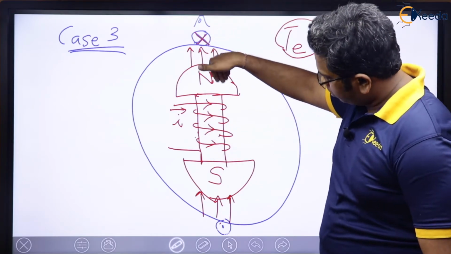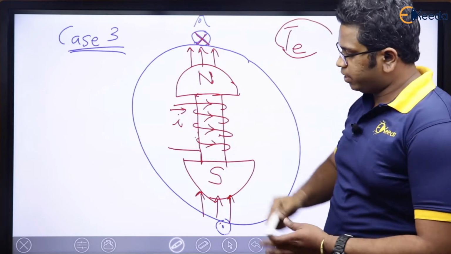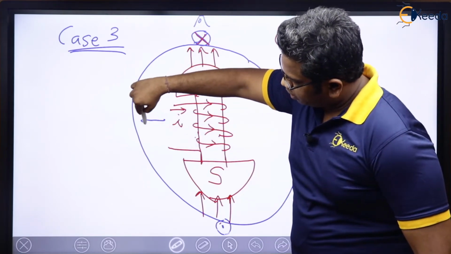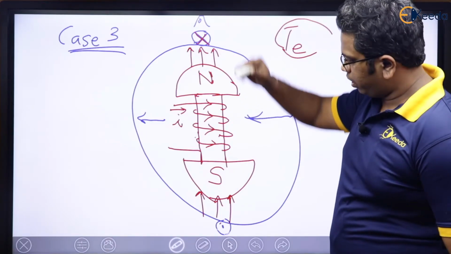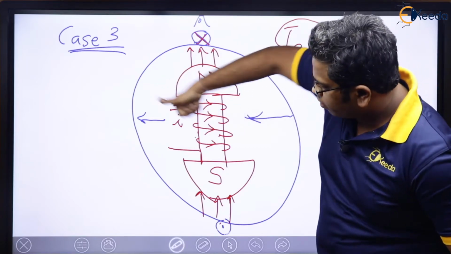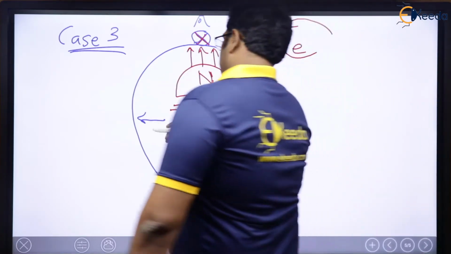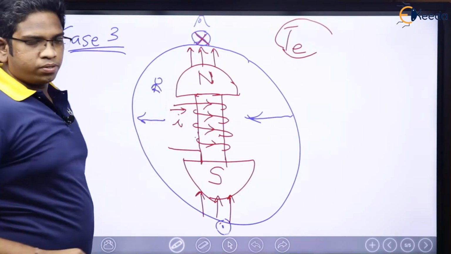This is going to be the direction of flux, from right to left like this. Now I am sitting in the air gap.